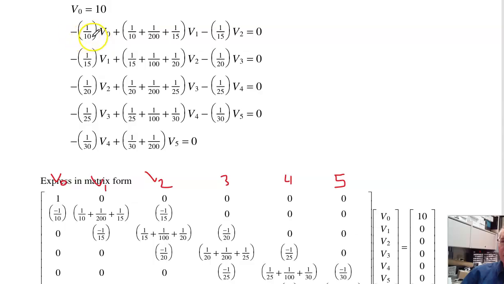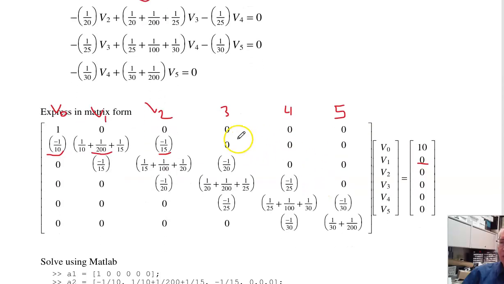Second equation, minus 1/10 V0, this mess times V1, minus 1/15 times V2 equals 0. Third equation, minus 1/15 V1, that mess times V2, minus 1/20 times V3 equals 0, and so on and so on.